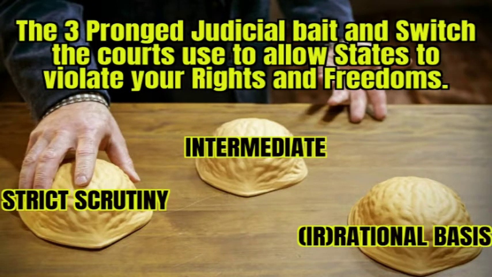So with strict scrutiny, of course, that's the highest bar. That is the one where, whether it's a state or the federal government, the burden is going to fall upon the government, whichever form that is. But when you get below that level of scrutiny, basically what's going to happen is the burden is going to fall upon you.